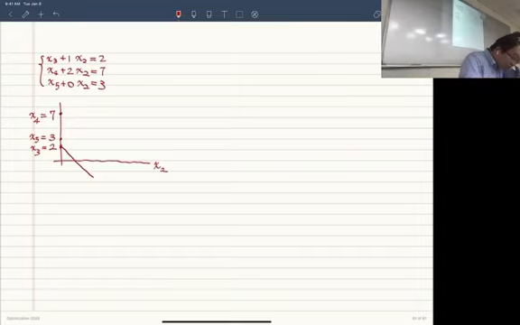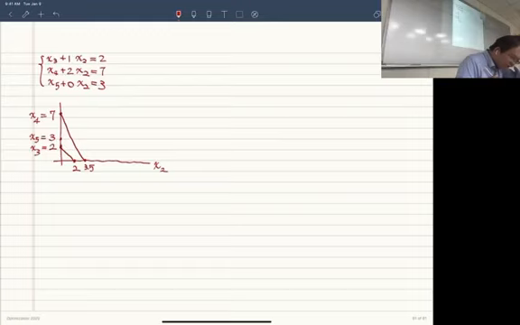Let me see. When I increase by, let me do this. Here should be 2, and here is 3.5. Should be this one. Is it?